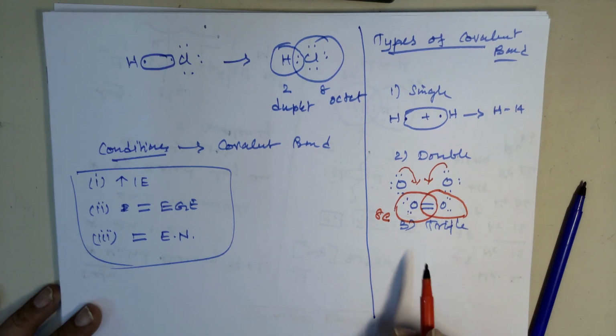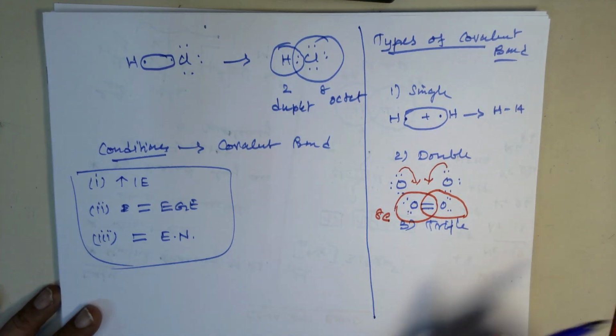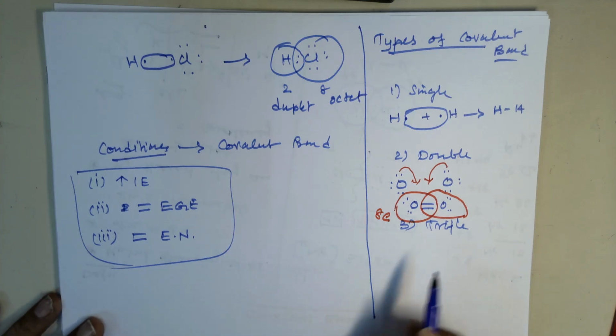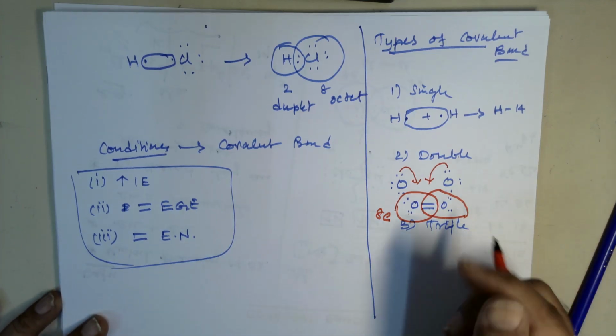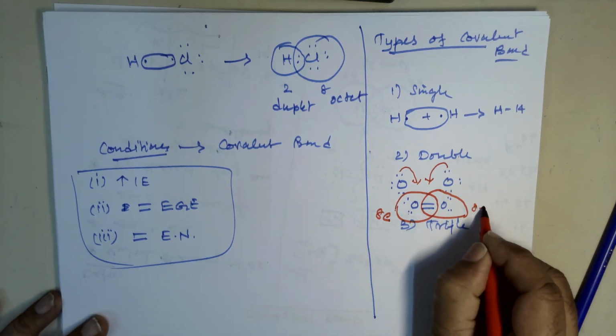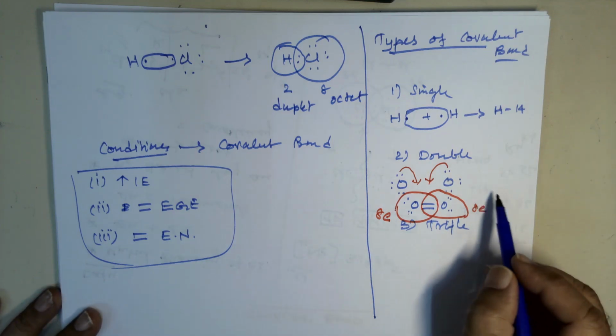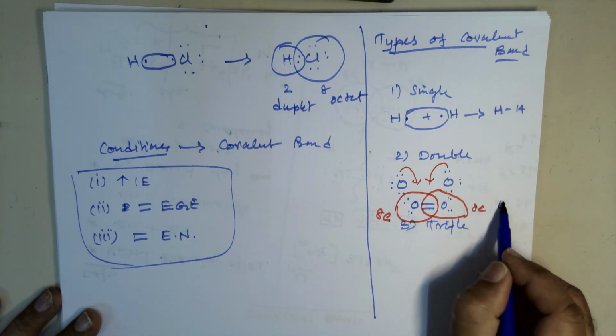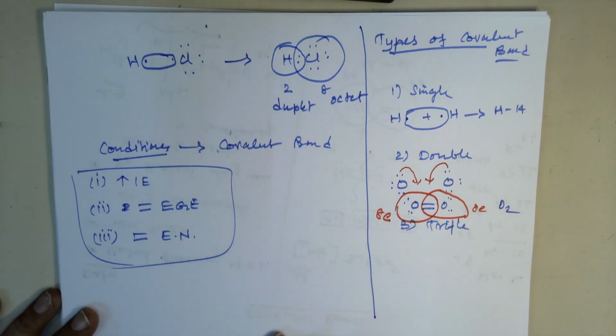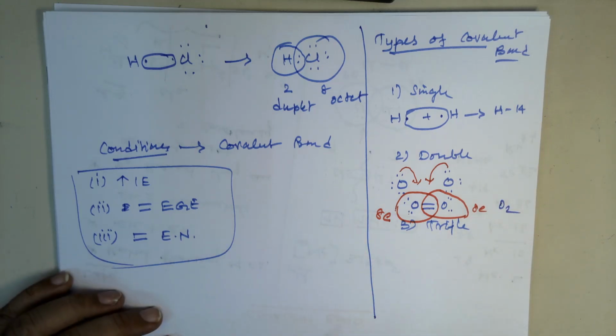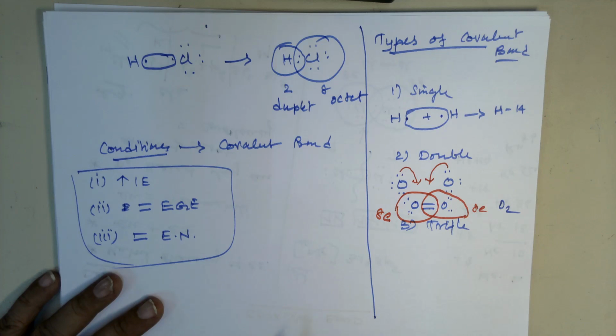Because each bond has 2 electrons, both of them have achieved an 8 electron system, that is the octet system, and thereby attain stability. So simply it can be written as O2. So the oxygen molecule exhibits a double bond.